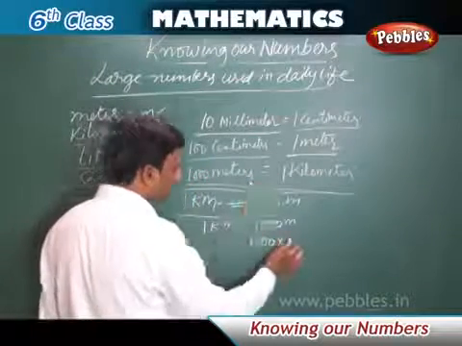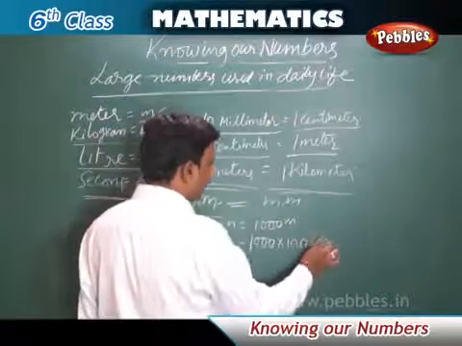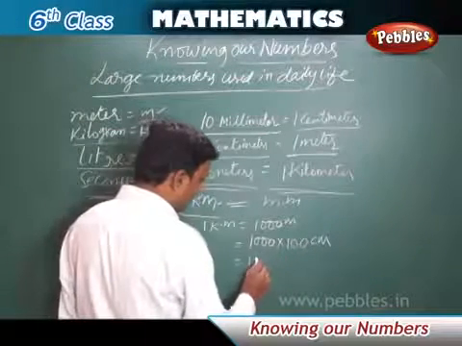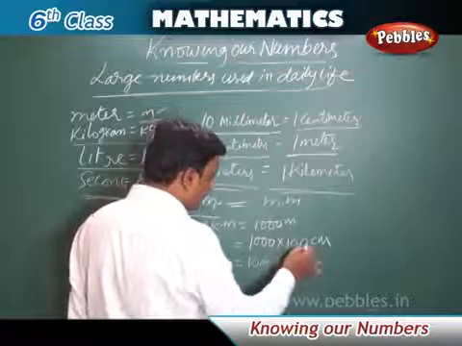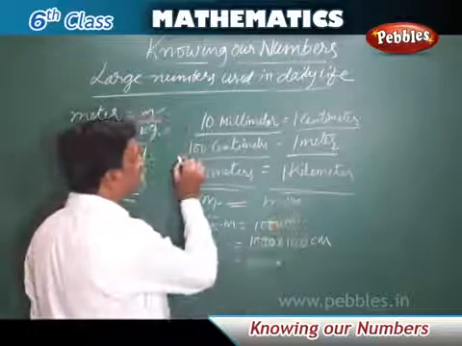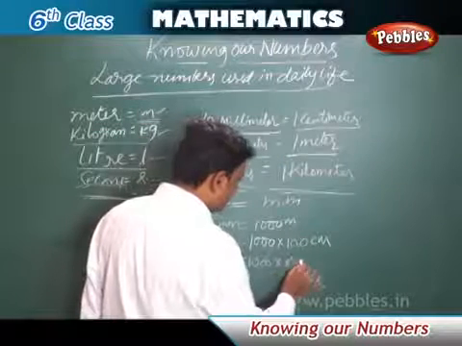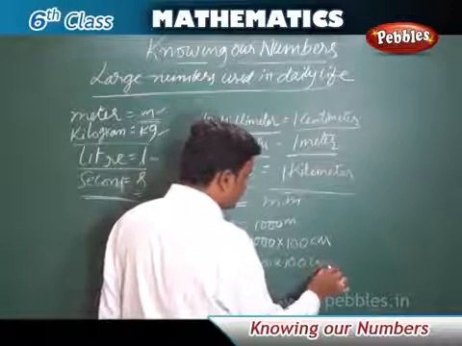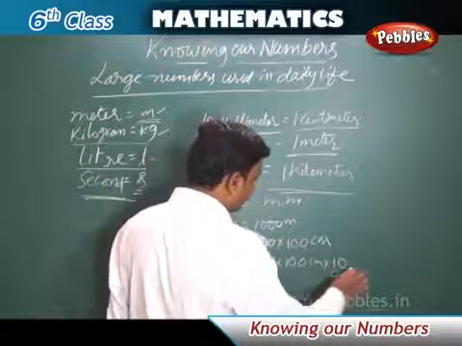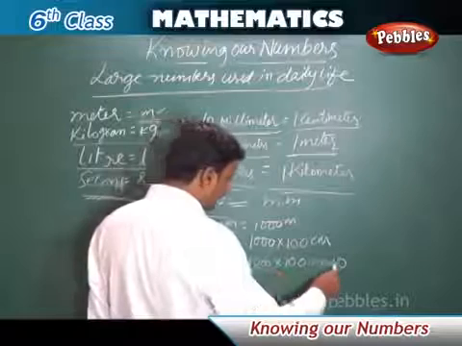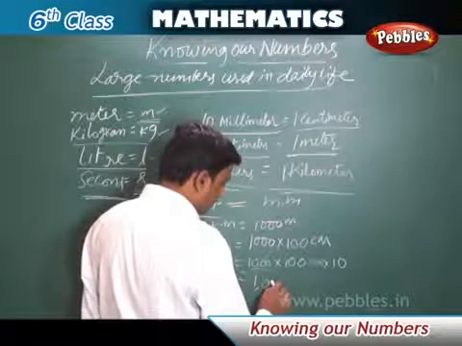1 meter is equal to 100 centimeters, so 1000 meters is equal to 1000 into 100 centimeters. Now how many millimeters? This 100 centimeters into 10, because 10 millimeters make a centimeter. So 1000, 100, 10.